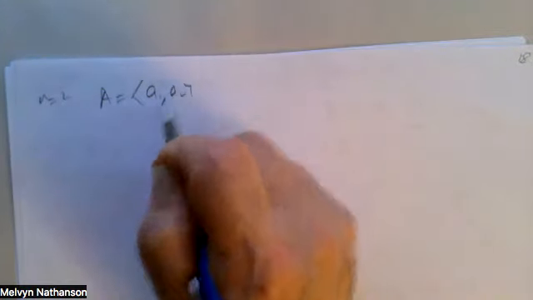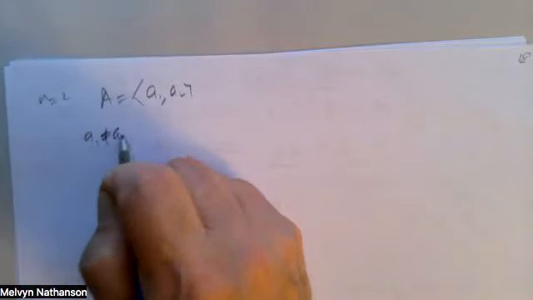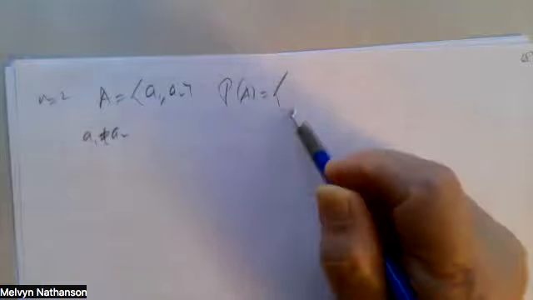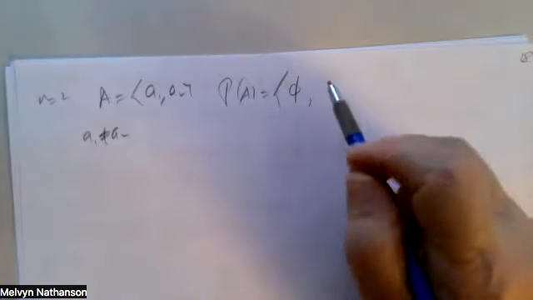Suppose we have n equals 2. So the set A contains 2 distinct elements, A1 different from A2. And what are the subsets of A? You have the empty set.